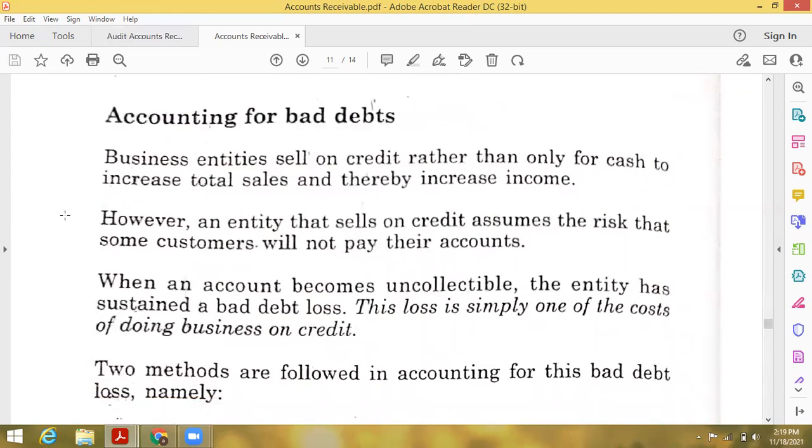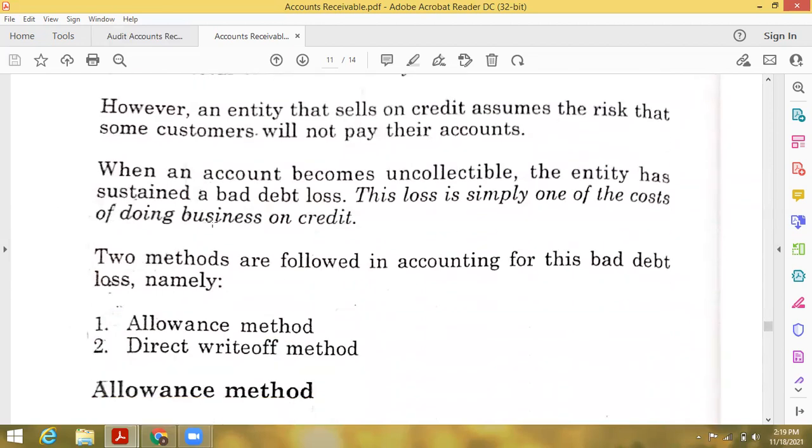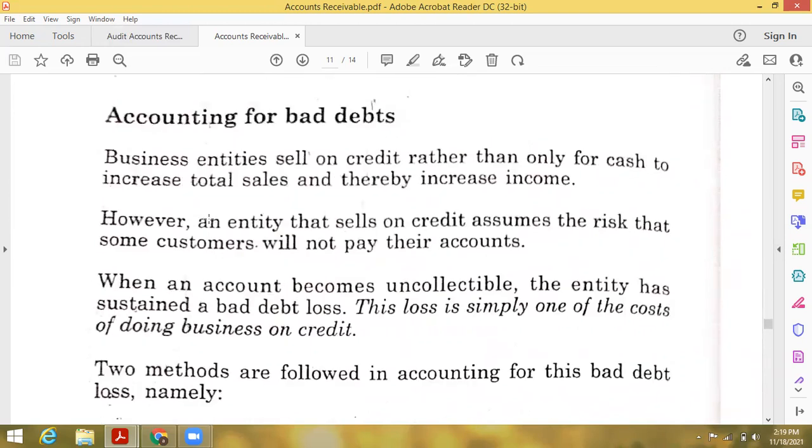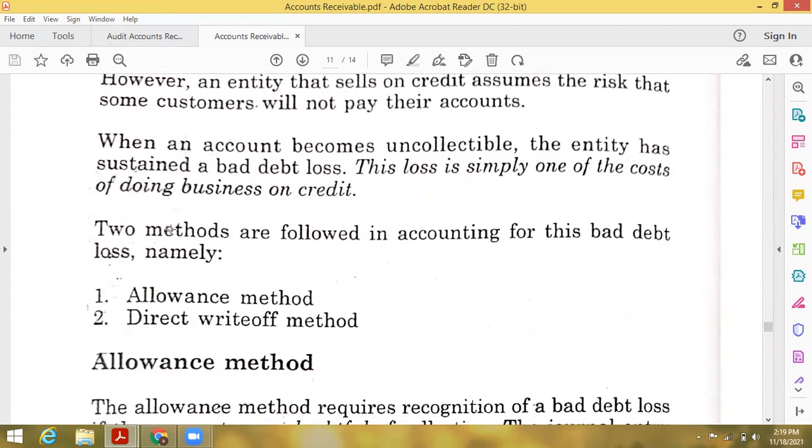So, ano ba ang pwede natin gawin dito sa mga bad debts na to? Usually yan, ini-estimate yan. So, sa isang 1 million, tingin ko kasi dito, sabi niya parang 2% na hindi na magbabayad. So, how do we compute for bad debts? We have two methods kung paano natin i-account yung bad debts na yan.